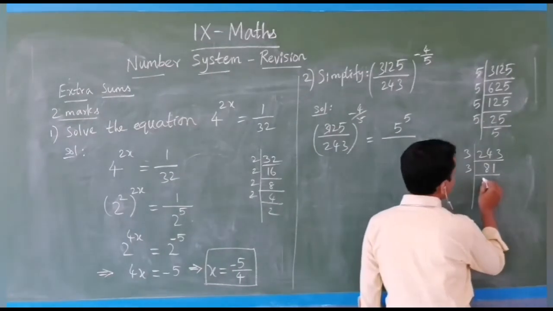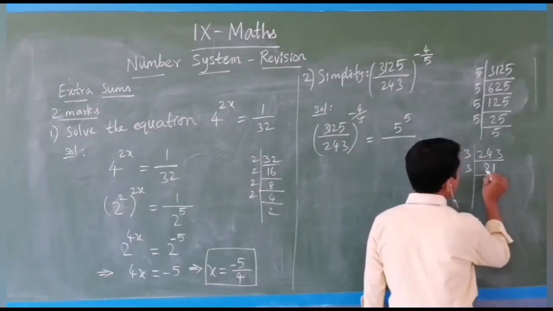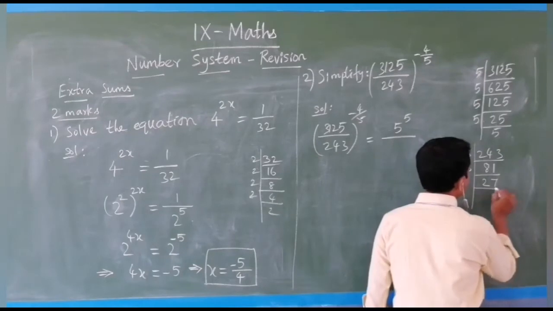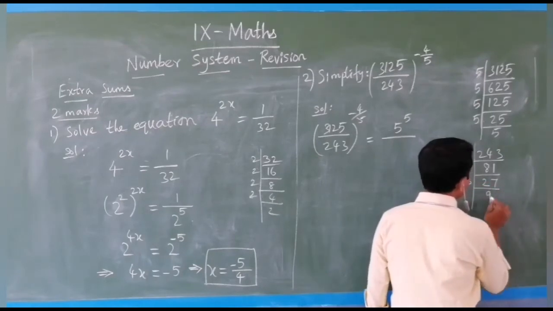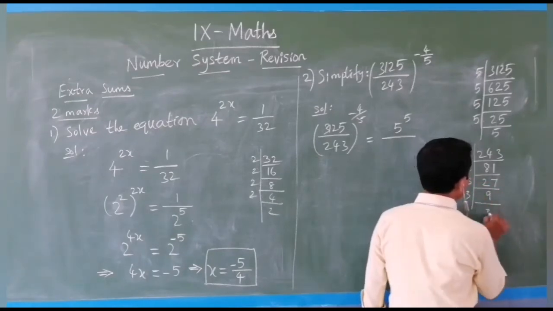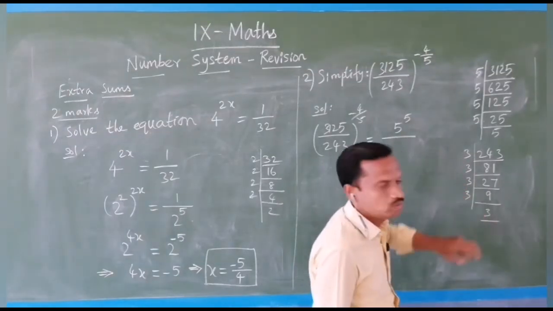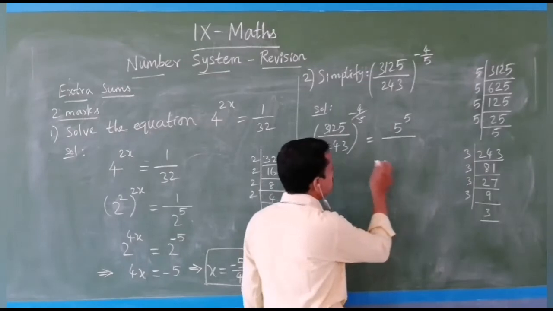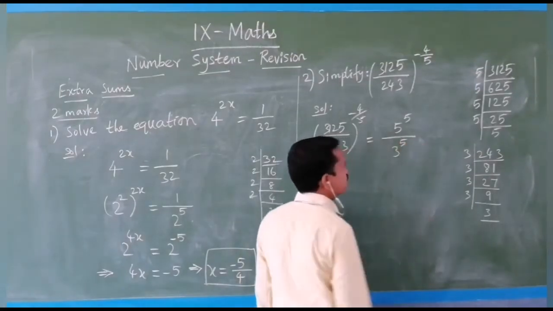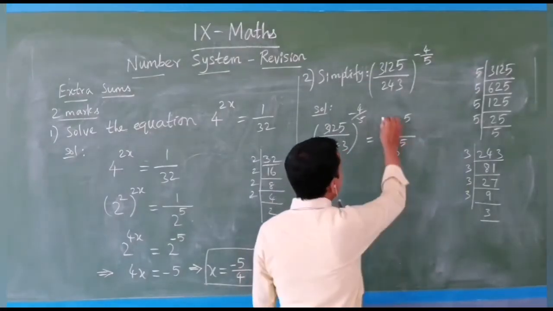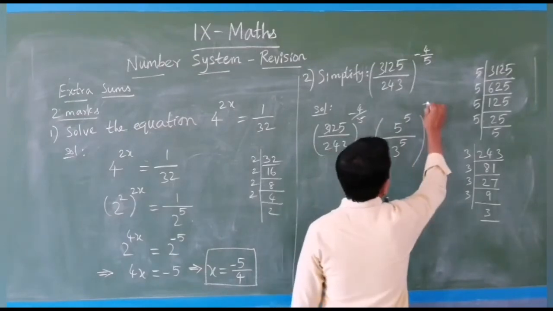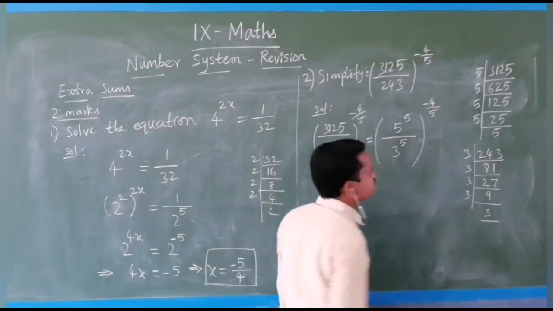So 3 2s are 6, and remainder 21, 3 7s are 21. So again 3 9s are 27, 3 3s are 9. So now you see how many 3s are there? 1, 2, 3, 4, 5. So 243 becomes 3 to the power 5, and then whole to the power minus 4 by 5.